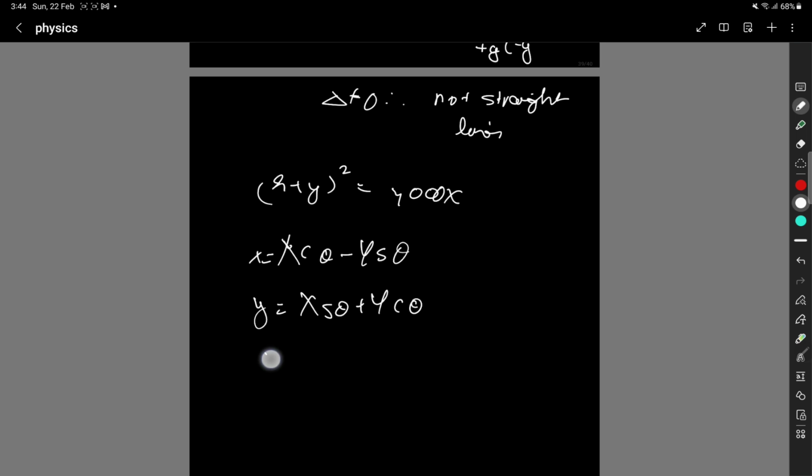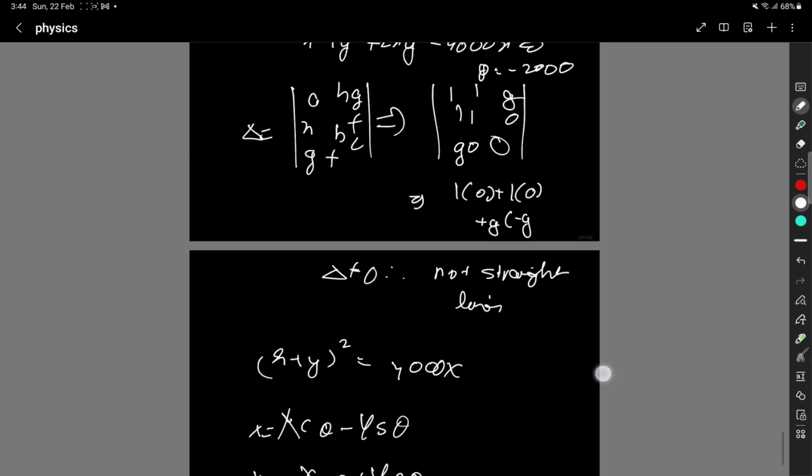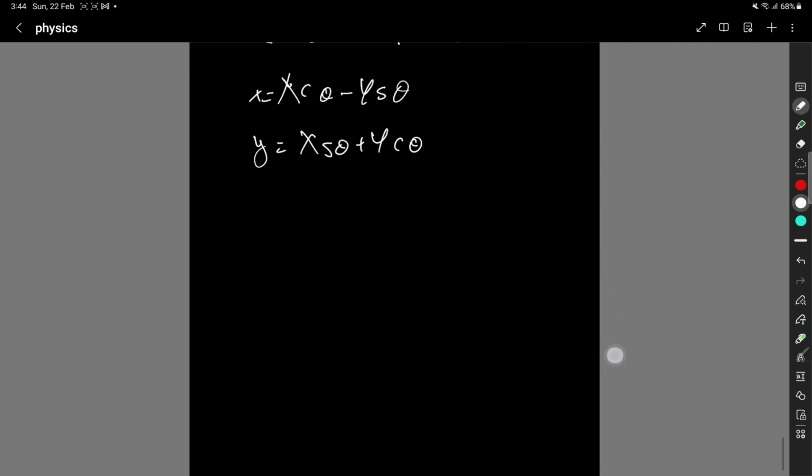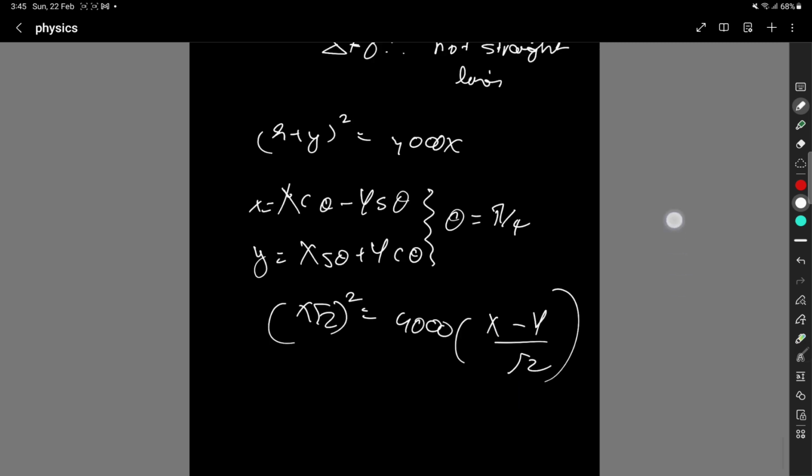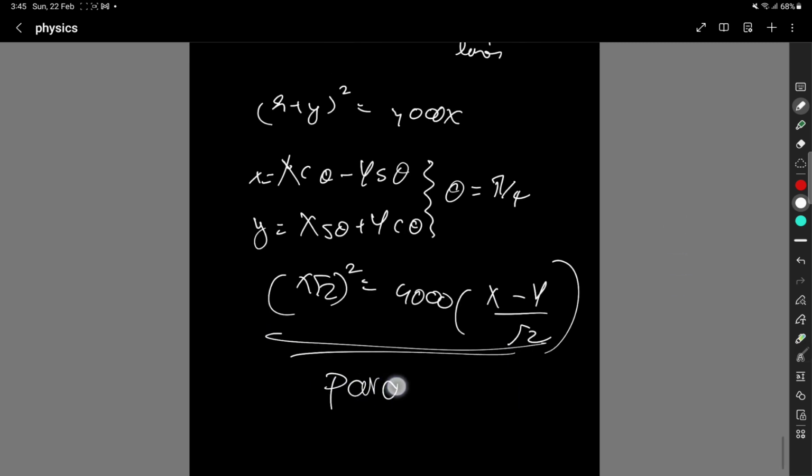If theta is equal to pi by 4, I'll get X root 2 whole square is 4000 times X minus Y by root 2. So this is a parabola. So the answer is parabola.